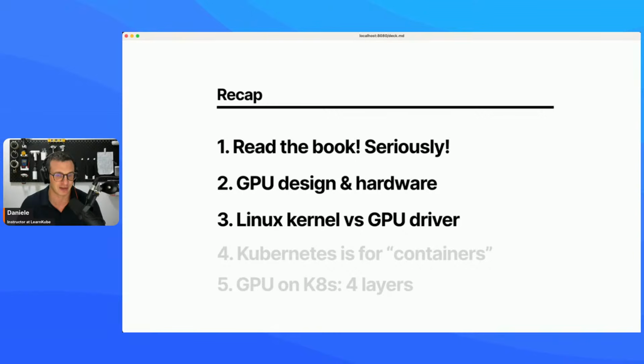So in this case, the Linux kernel takes a step back, which also means that we cannot use things such as cgroups and namespaces, because they don't exist in the driver itself, since the driver is doing all of these computations. Can those be added? Well, only if whoever is writing the driver is going to add them in. So you will need to go and ask NVIDIA if they can do that, and I don't think this is something that they designed for.